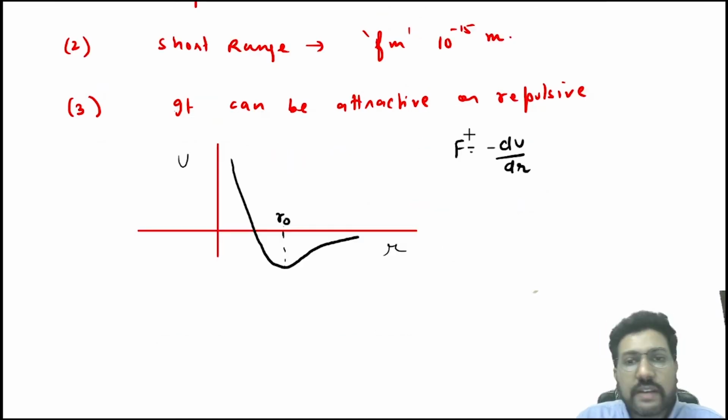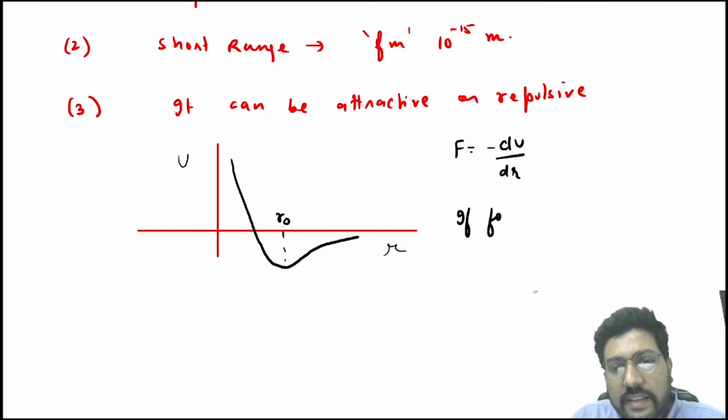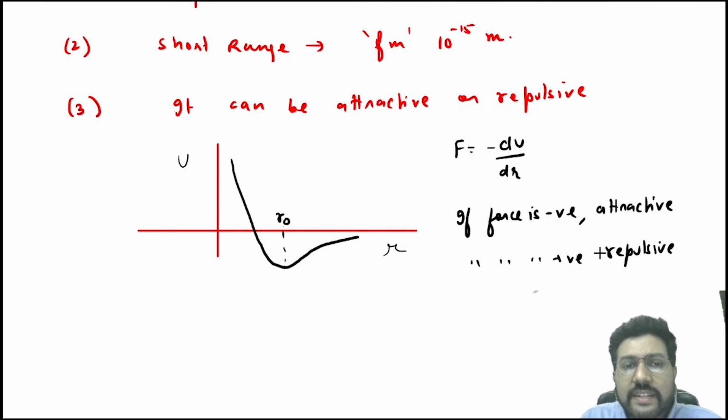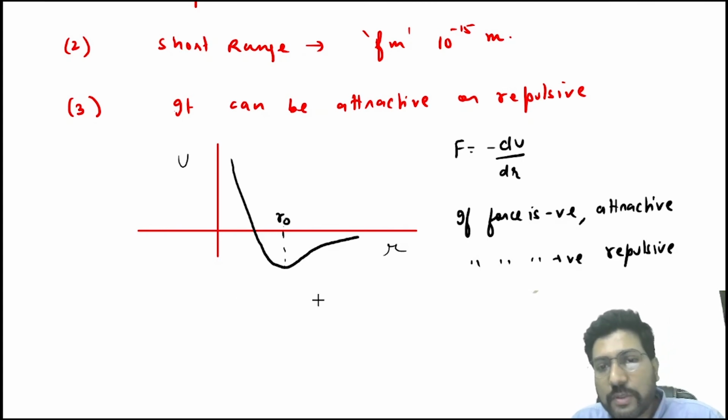And you know that force is minus dU by dr. Now, if force is negative, you know that it is attractive force, right? Force is negative, it is attractive force. And if force is positive, then the force is repulsive force. So nuclear force can be attractive or repulsive depending on whether the force comes out to be negative or positive.